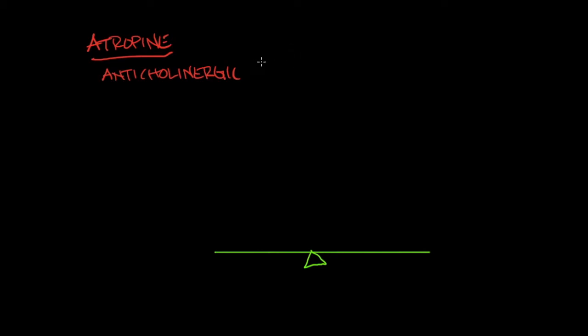And it's going to be for the treatment of bradycardic rhythms. So atropine, like I said, is going to affect our autonomic nervous system, but instead of impacting our sympathetic nervous system, we're going to block or slow down our parasympathetic nervous system.